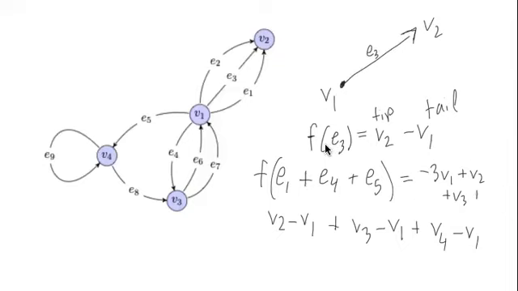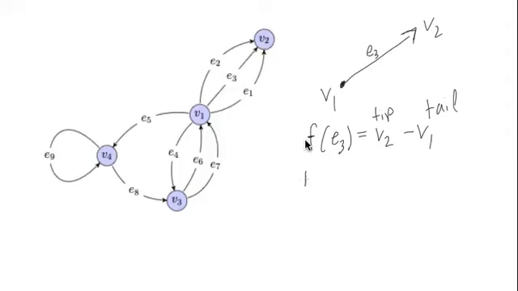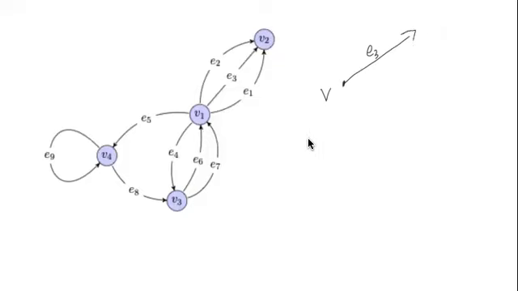So let's clear some space here and write down what our matrix might be. In order to do this, we're going to use a column interpretation. We're going to see exactly where edge 1 goes, where edge 2 goes, and so forth.